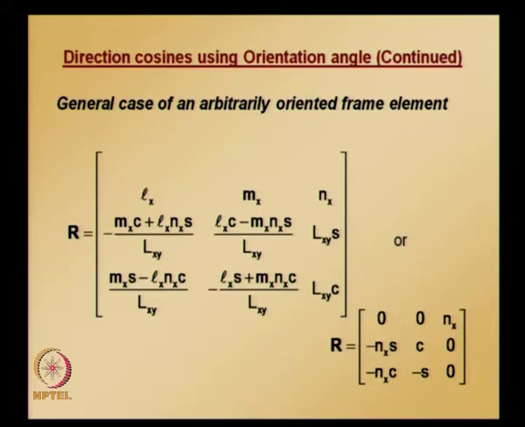So, using this rotation matrix formula we can obtain the rotation matrix for any arbitrarily oriented frame element. So, this is by rotation angle method, and as I mentioned, calculation of rotation angle is not easy in many practical situations.